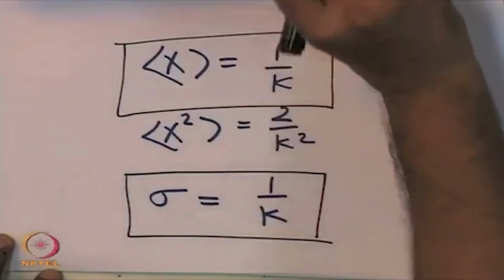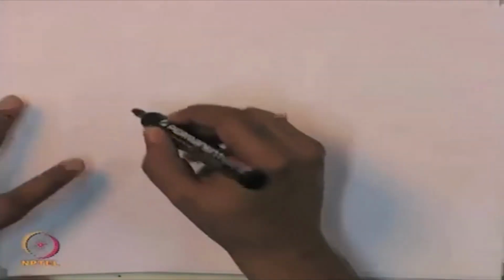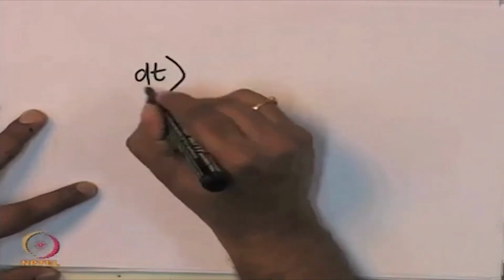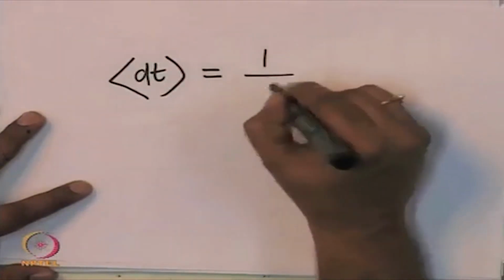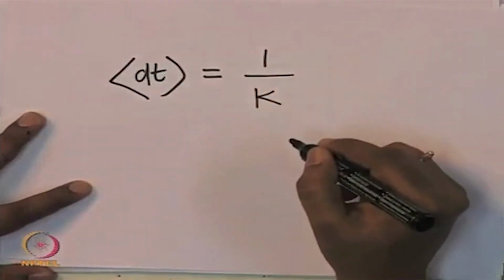If you look at the time that you have to wait, dt, the average time you have to wait will be 1 over the rate k.